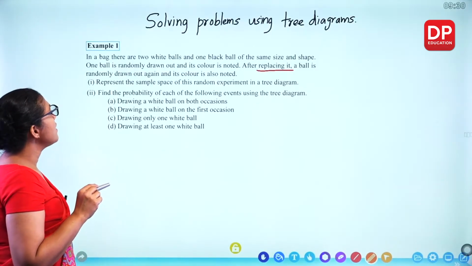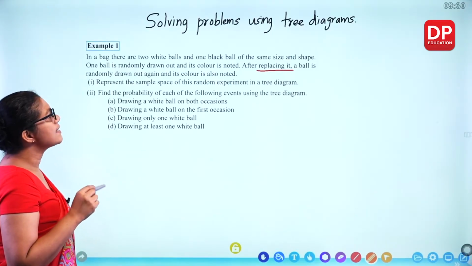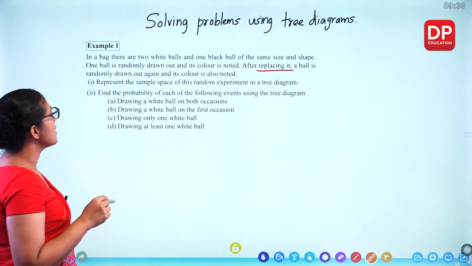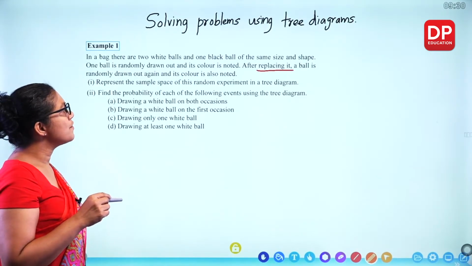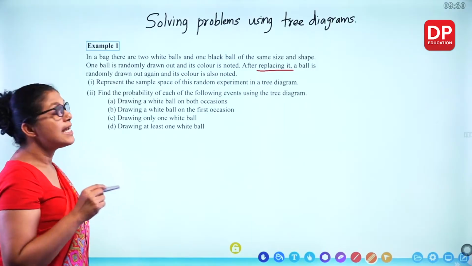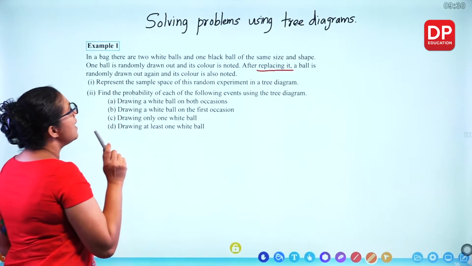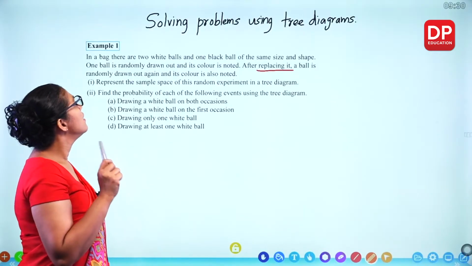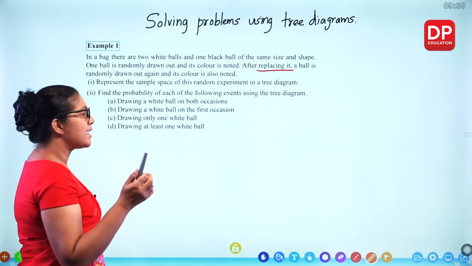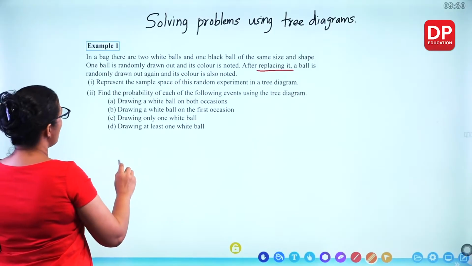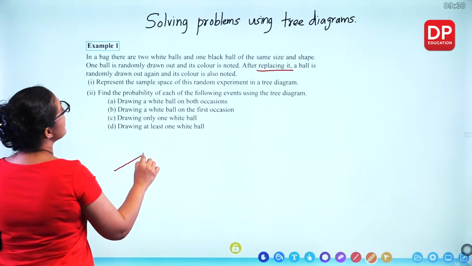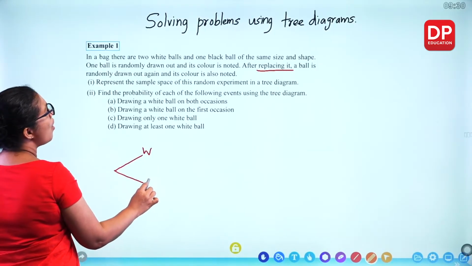A ball is randomly drawn out again and its color is also noted. Represent the sample space of this random experiment in a tree diagram now. So in a tree diagram you don't need to label white 1, white 2. So white color or black color. So how many parts are there? Either white or black.